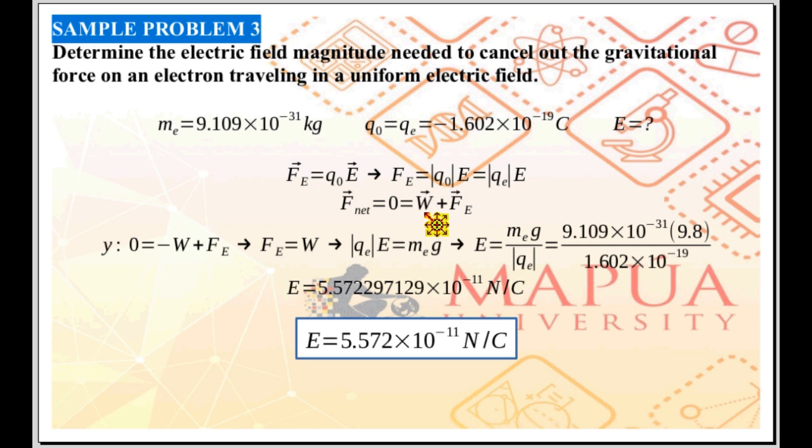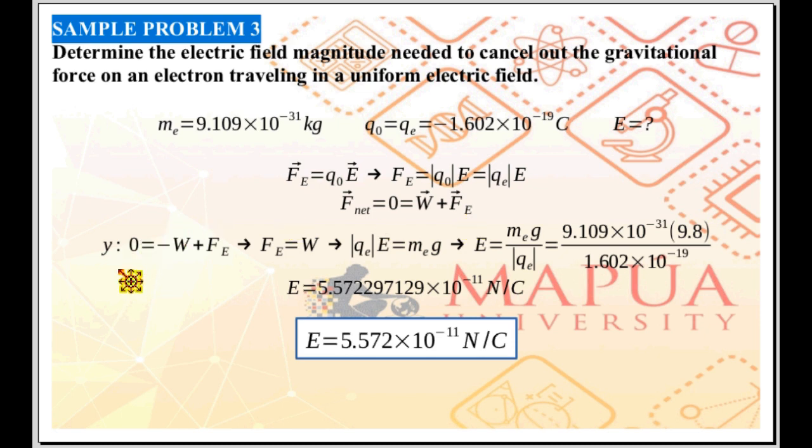Weight is vertical. For Fe to cancel out the weight, Fe should also be vertical. Particularly if F net is to be equal to 0, meaning all of Fe is cancelling out the weight. So Fe should also be vertical, meaning all the vectors in the equation are vertical. No x component, we only have the y component.